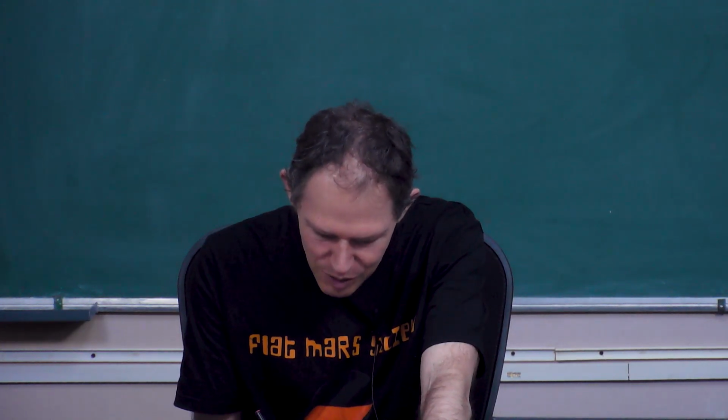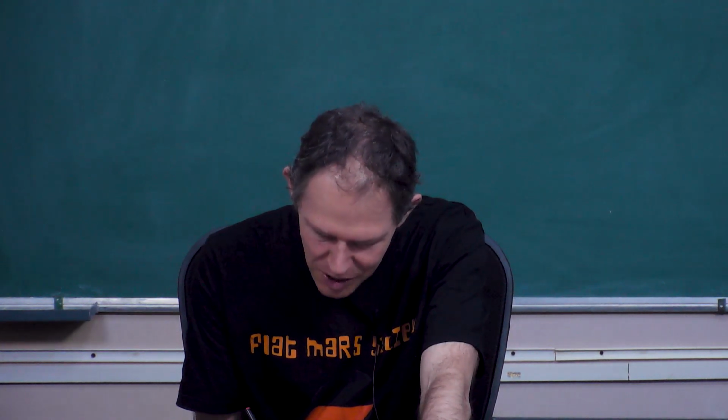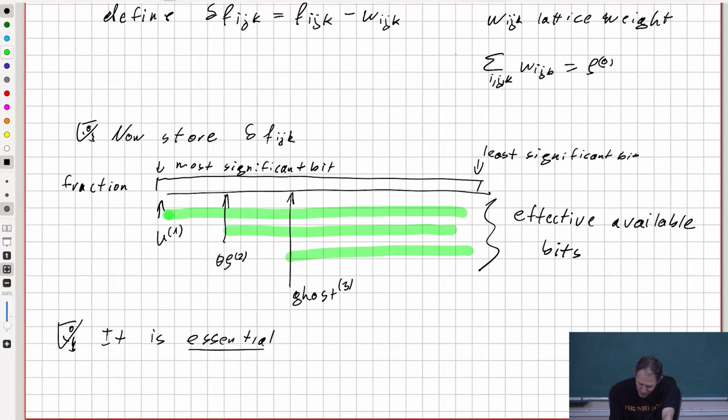So let's write this down. This is essential, as long as you care about round-off errors. I have to admit that I've also sometimes done it the other way when I have to do something very, very quickly. But you have to know that then you killed it. Okay.